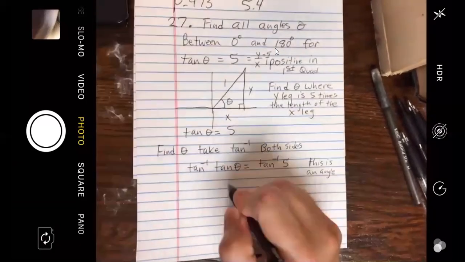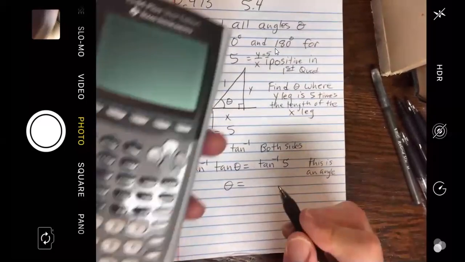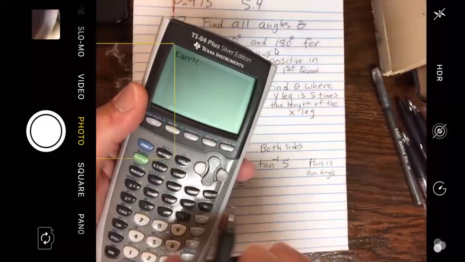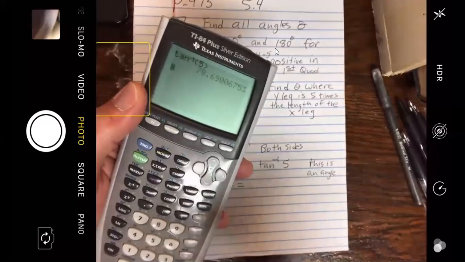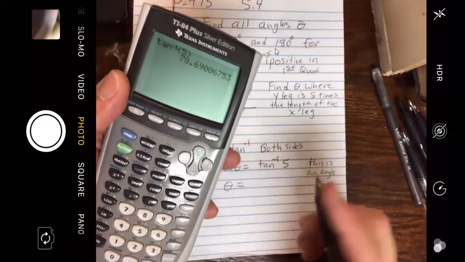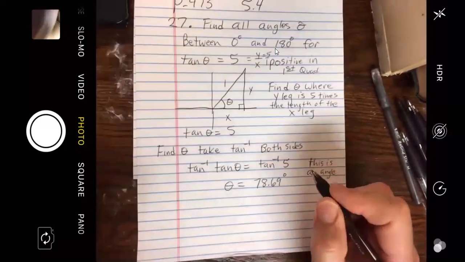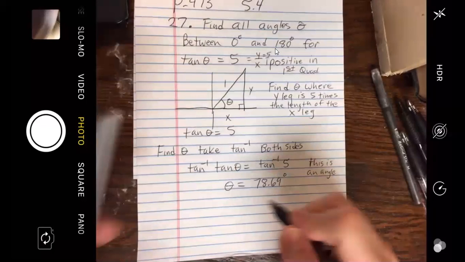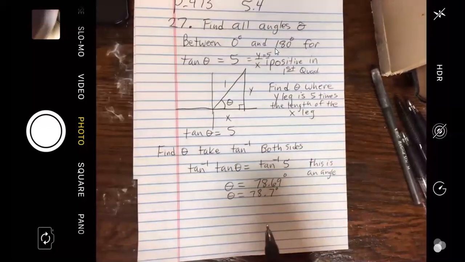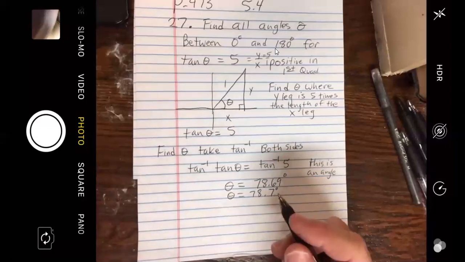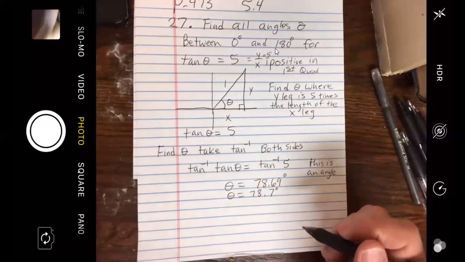So theta is arctangent 5, 78.69 degrees. It did say round your answer to 1 decimal place, so we'll call that 78.7 degrees. I'm not picky about the rounding. I wouldn't do a true or false based on little picky rounding like that.